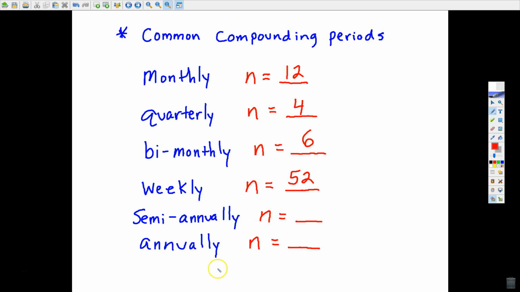Semi-annually? 2. Just think of once in the first 6 months and then once in the last 6 months. Annually, of course, would be 1. So get familiar. It depends on the problem. You need to read carefully what the compounding period is, and then you can plug in the appropriate number.